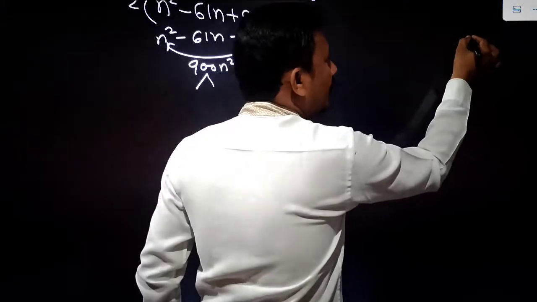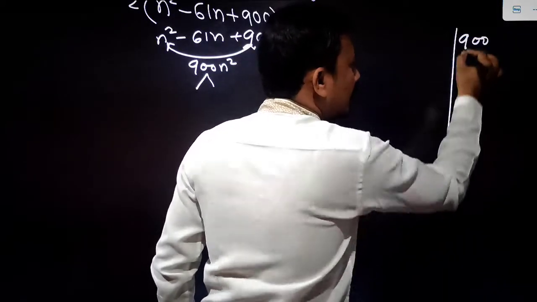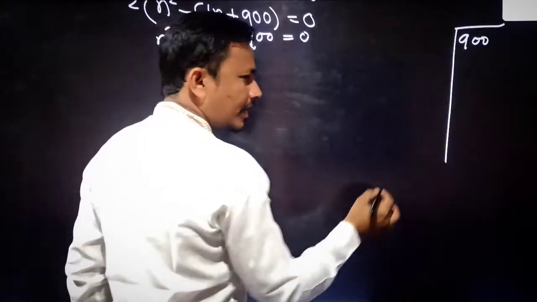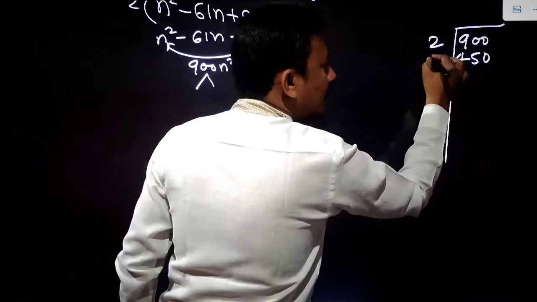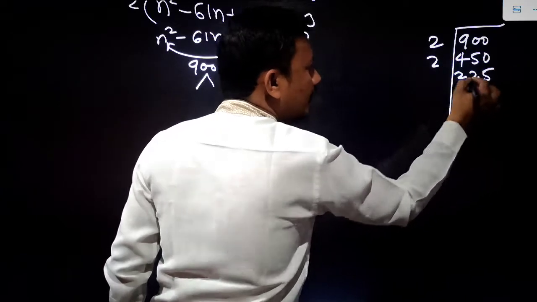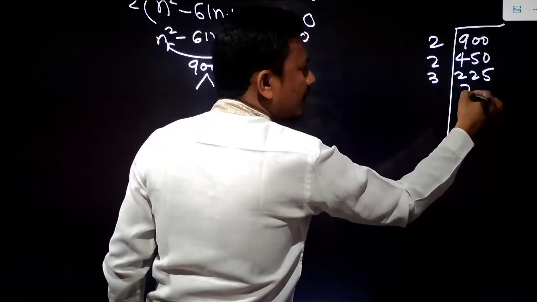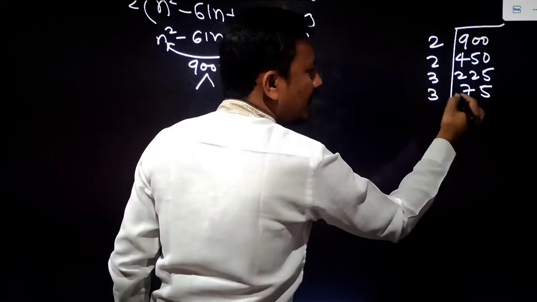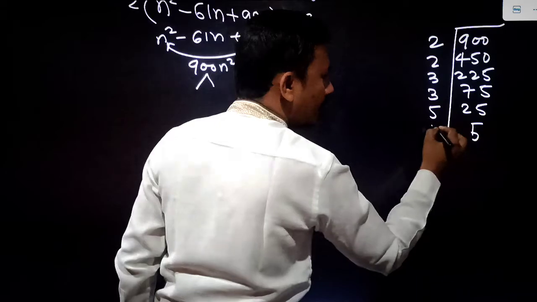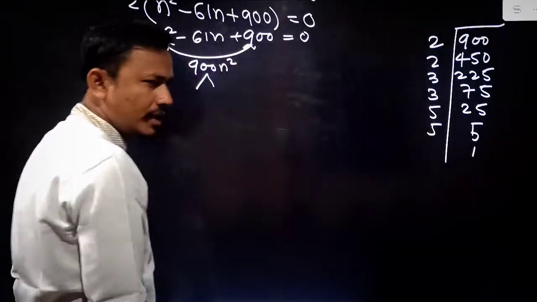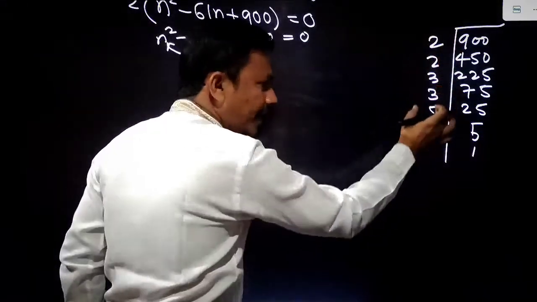For that, what we need to do? We need to take the factors of 900. Factors of 900: 2 2s are 4, 2 5s are 10, 3 3s are 9, 3 5s are 15, 5 5s are 25. Correct? You have to adjust the factors.